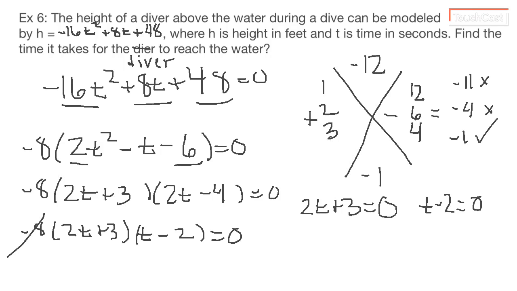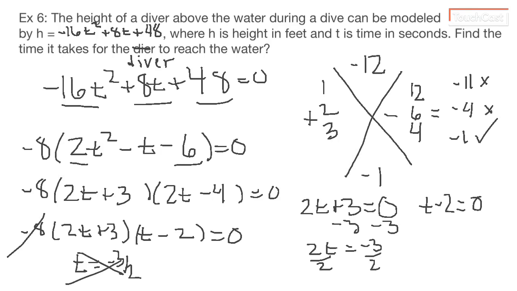Now with this first one, if we subtract 3, we're going to have 2t equals negative 3, and then we divide by 2. That's negative 3 halves, but we can't have negative time, so we're going to ignore that one. Let's check the other one. We're going to add 2 to solve, and t is equal to positive 2, which we can have positive time.